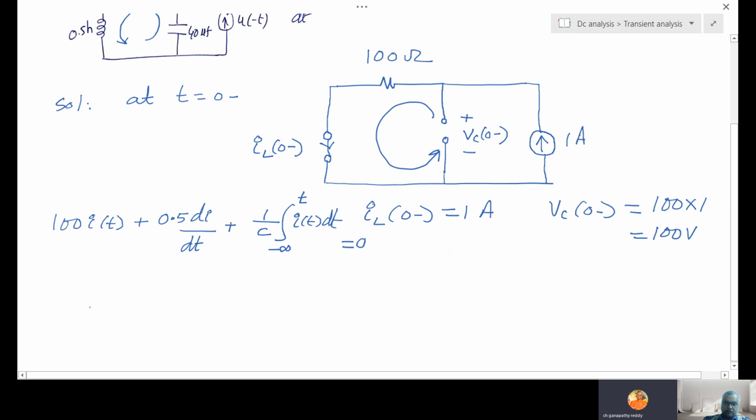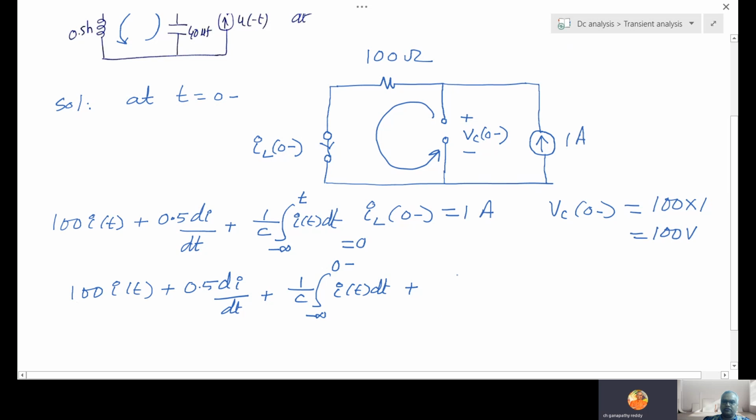Now 100 I of t plus 0.5 di by dt. This I split like 1 by c integral from minus infinity to 0 minus of I of t dt.